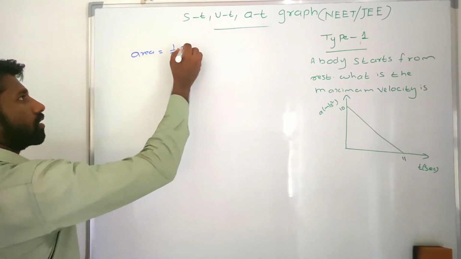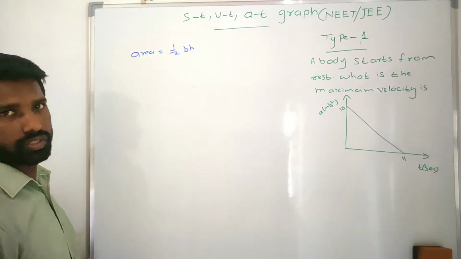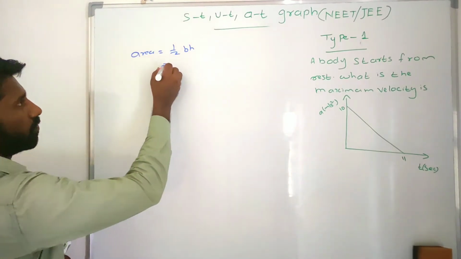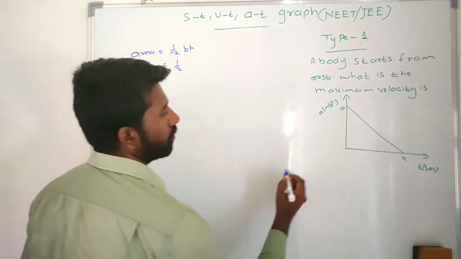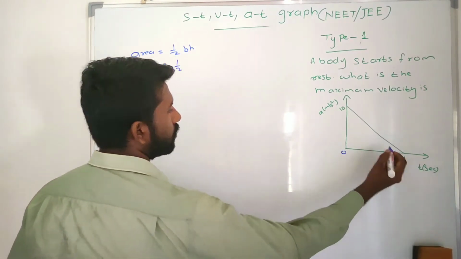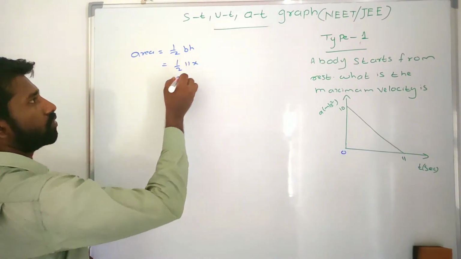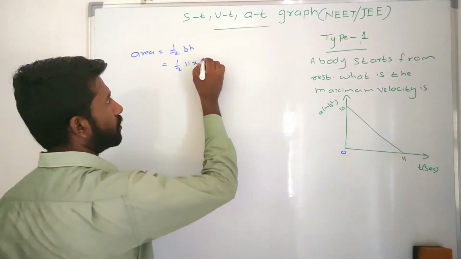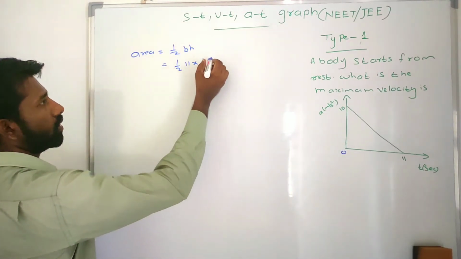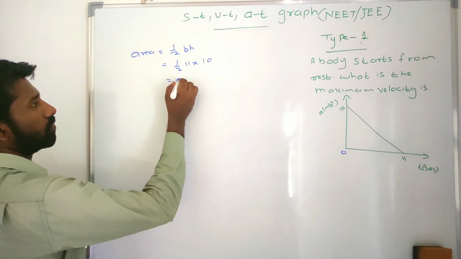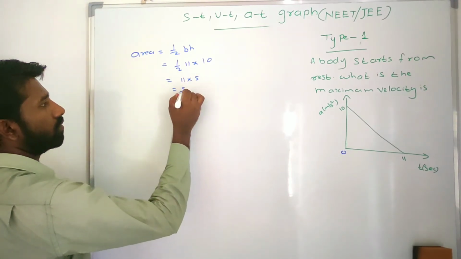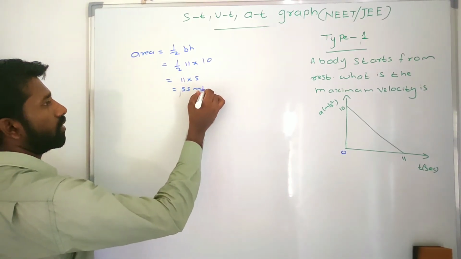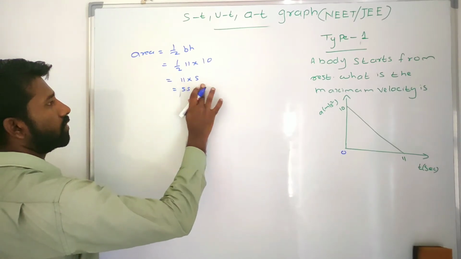So the area is half into B into H. Then what is the base? Here it starts from the origin, so 11. Into H, that is 10. So this and this cancel, and here I will get 5. So 11 into 5, that is 55 meter per second.